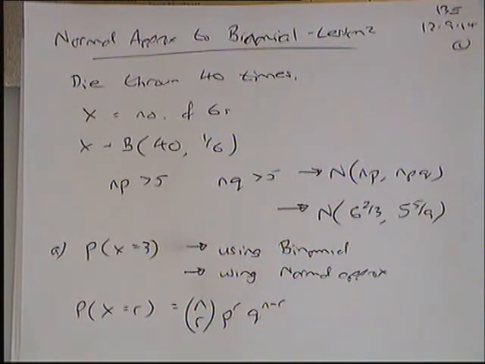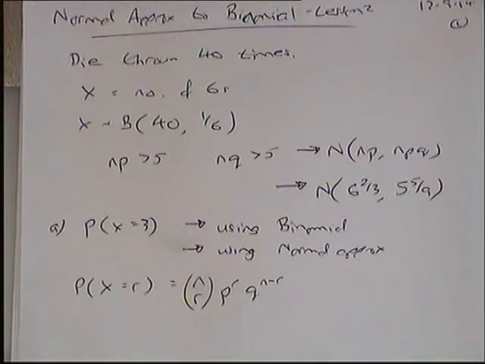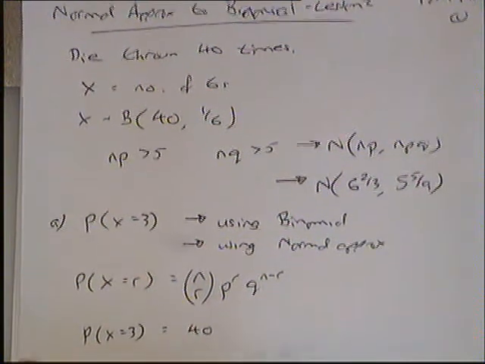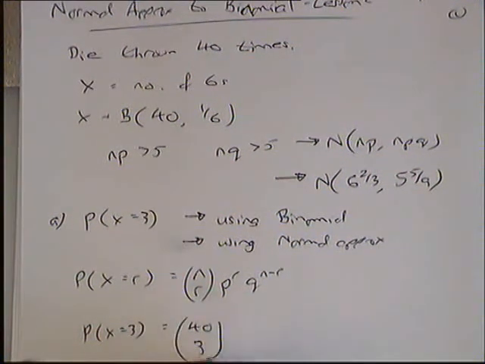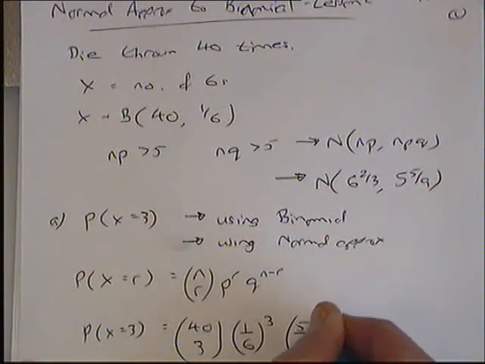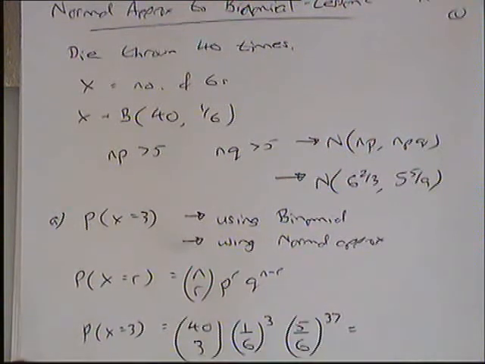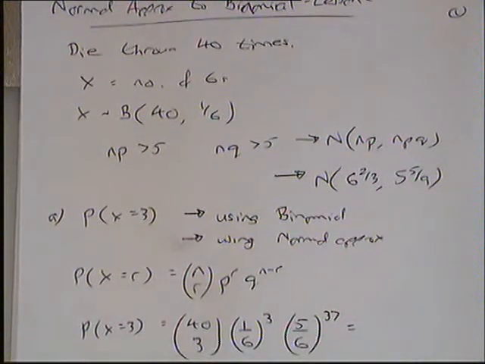Everybody should have that straight away. So, here we go. We have n is 40, and if I want the probability of 3 successes, r is going to be 3. I have my p value to the power of r, my q value to the power of n minus r. So if you can work that out on your calculators, give me a decimal, see what you get.